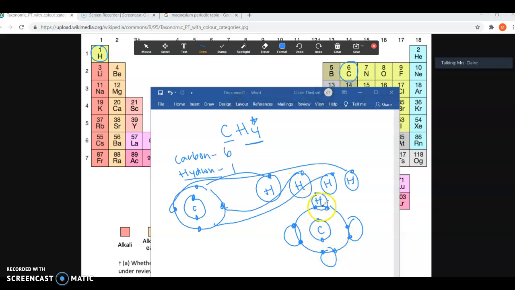Your carbon's in the middle, and then your hydrogen attached on the outside. To make sure that you have enough dots, you can always say, okay, we had 1, 2, 3, 4, 5, 6, but then we added all these, 7, 8, 9, 10. So when you look, you should have 10. 1, 2, 3, 4, 5, 6, 7, 8, 9, 10. So you're going to have 10.